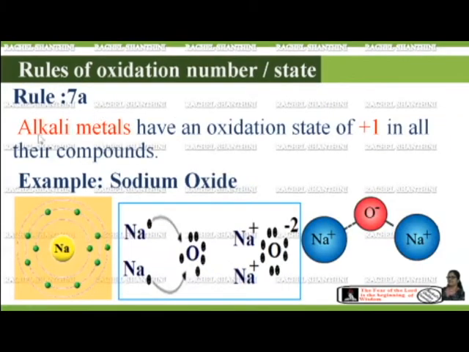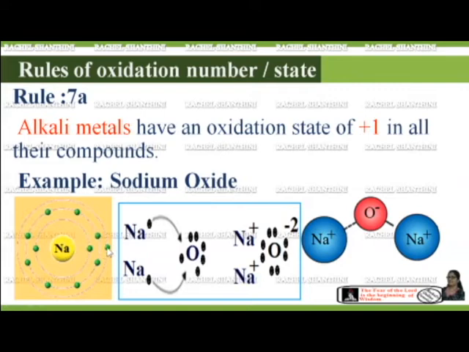Rule 7a. Alkali metals have an oxidation state of plus 1 in all their compounds. We will study these alkali metals, like lithium, sodium, potassium, rubidium, cesium, and francium, under the concept of periodic classification of elements in detail. Now let us take sodium oxide as an example. As we know, sodium has 1 electron in its outermost orbit.